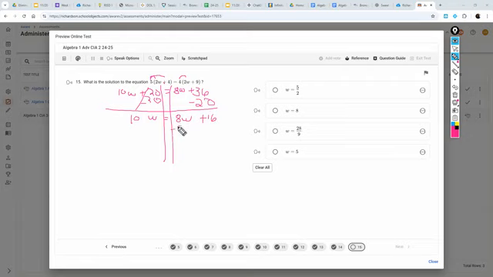Then I'm going to subtract 8w from both sides. This is going to be 2w equals 16. Divide 2 from both sides. And w equals 8. Oh, and there it goes.